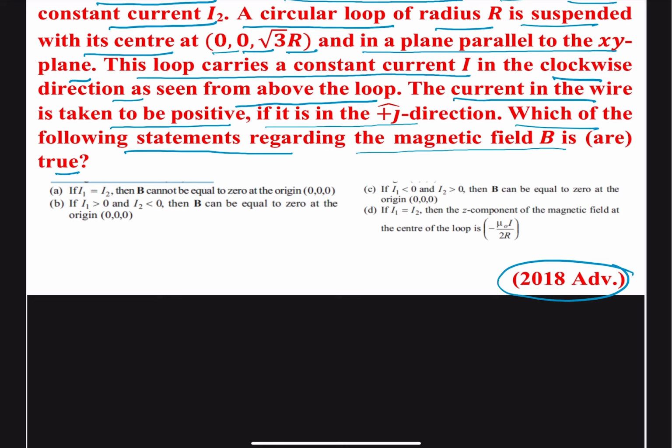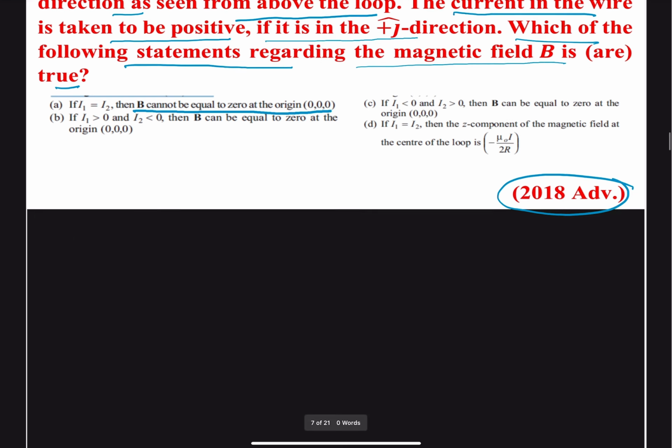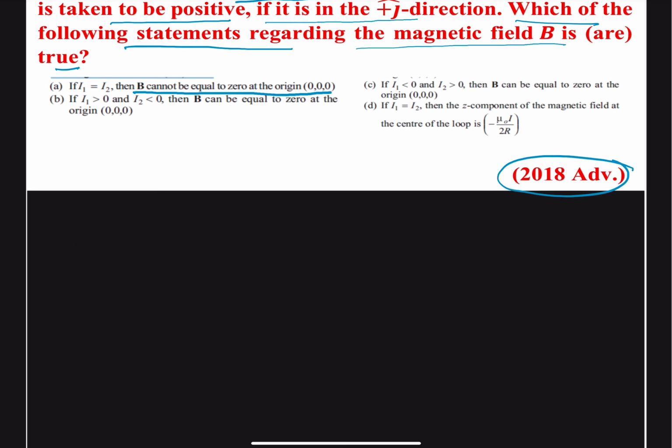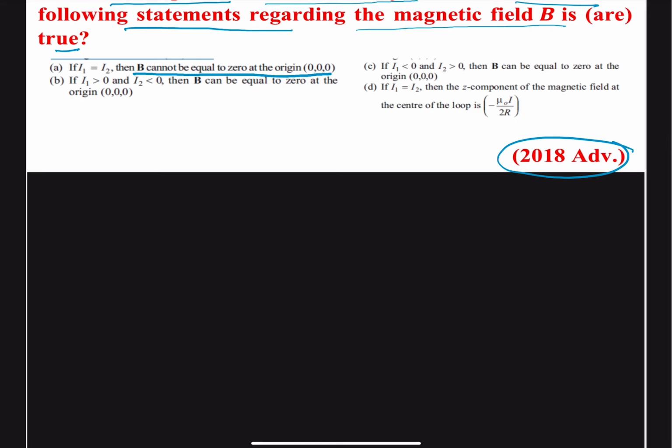So we are going to take these options one by one. First option states that if the currents in both the wires, that is I1 and I2, are the same, then the magnetic field cannot be equal to 0 at the origin, which is 0, 0, 0. So let us test this option A.